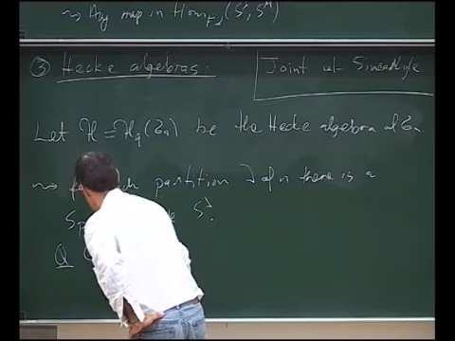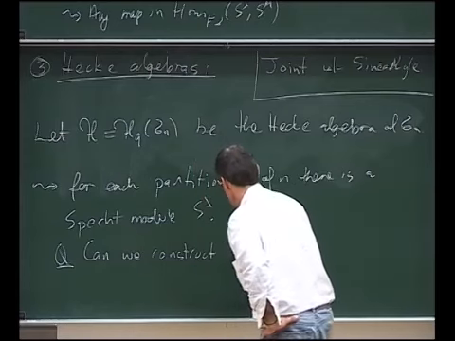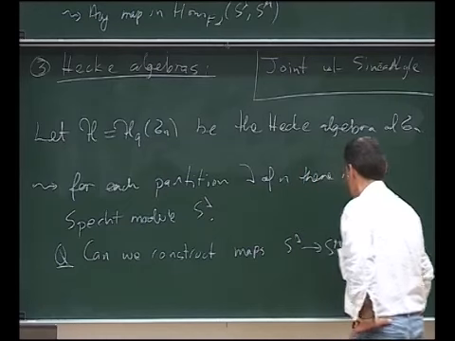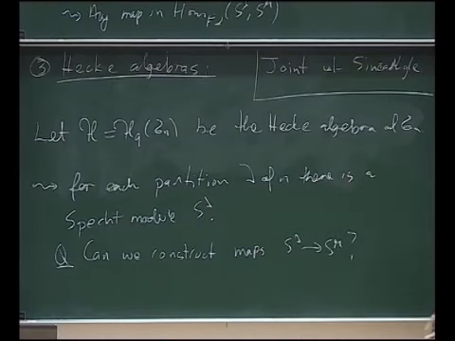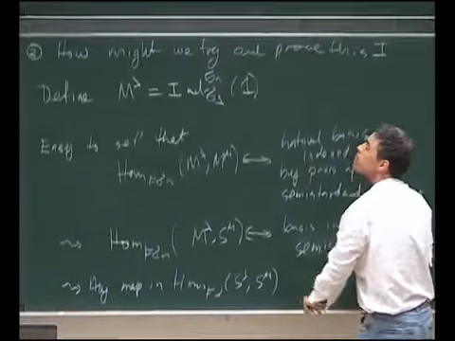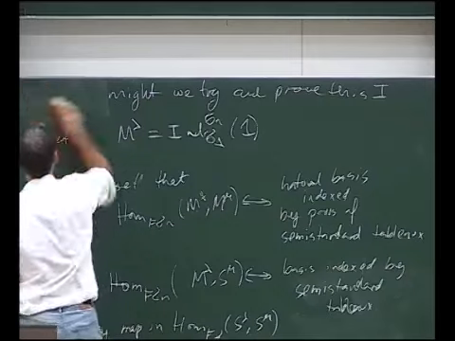In the semisimple cases, these give all the irreducibles, and in general, the irreducibles arise as quotients of these modules. And so the question is, can we construct maps from S^lambda to S^mu?